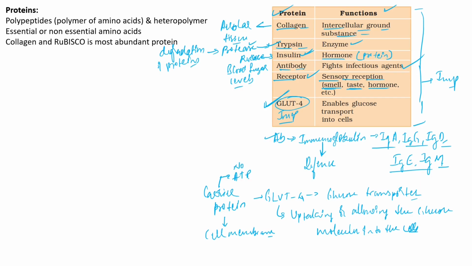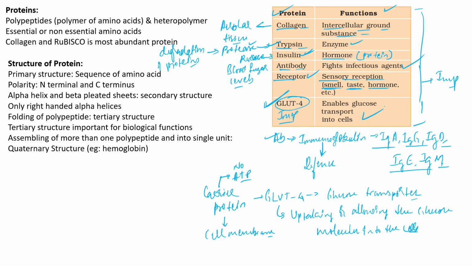No ATP is required for transporting molecules from one region to another, and generally the carrier protein allows the movement of molecules down the concentration gradient, that is, from a region of higher concentration to a region of lower concentration. So here in this table, they have mentioned a few important proteins and their respective functions.